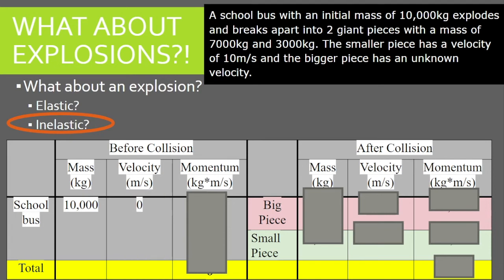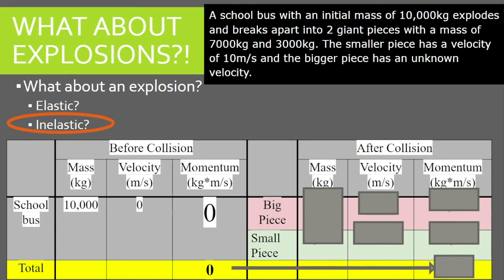So now that we know that the velocity is 0 and the mass is 10,000, what's the momentum? Momentum's just mass times velocity. 10,000 times 0 is just 0. So the initial momentum for an explosion, assuming it's not moving, is always going to be 0. So if we know the momentum before, that means we're going to know the momentum after. And if it's 0 in the beginning, it's going to be 0 at the end.